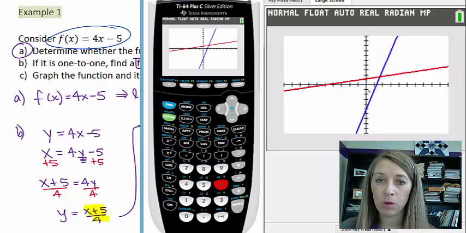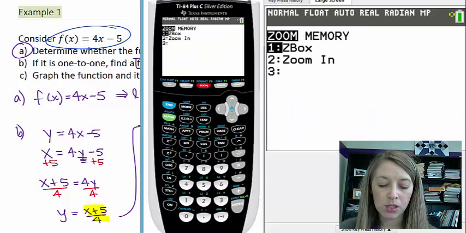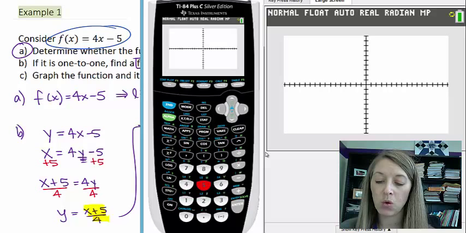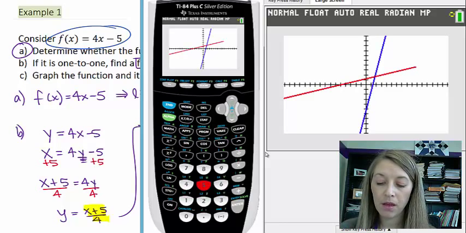We can fix that in one of two ways. We can push the zoom button, and option number 5 will square our window up for us. So I push zoom 5, and it's going to make the width and height the same, and then it should be more obvious.